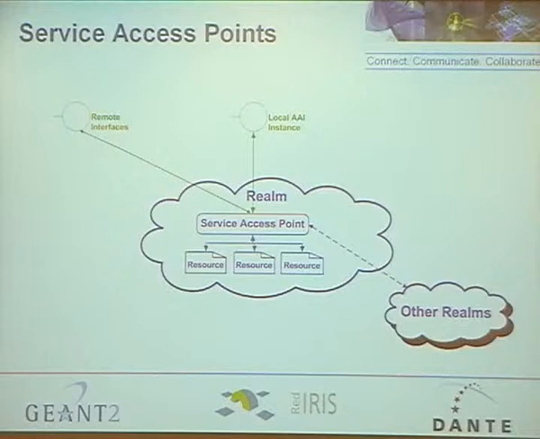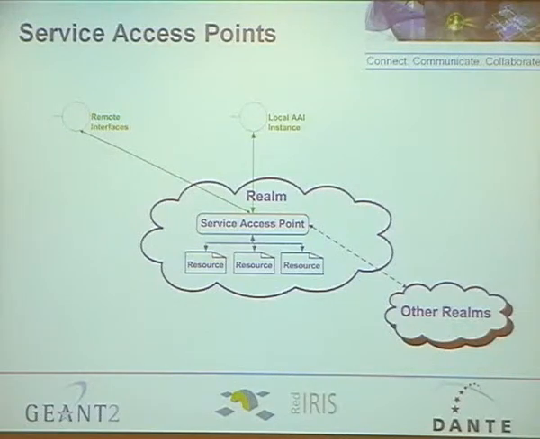So the idea is that the realm is able to ask the local AA instance for authentication data, ask for an authorization decision if it wishes, and of course, using the results coming from the local AA instance about the remote part of the connection, can also check data, request attributes, or request authentication data from the remote interface once established.